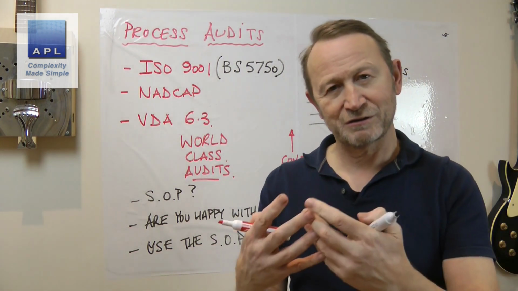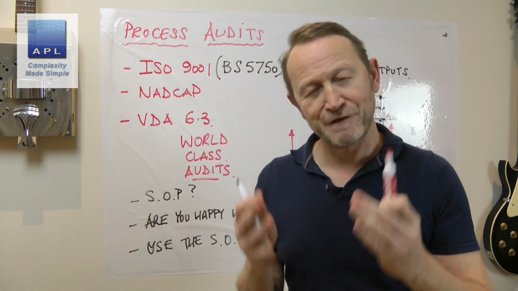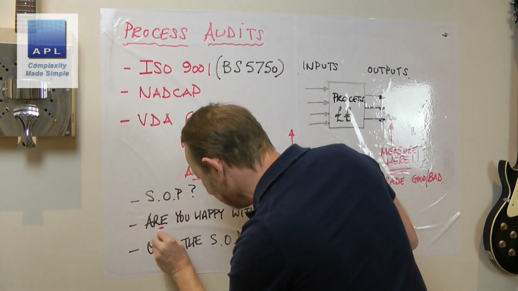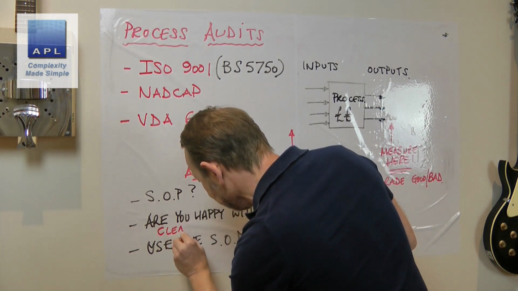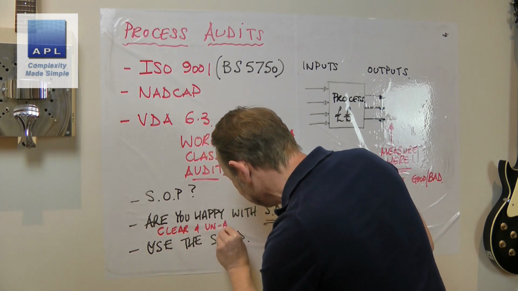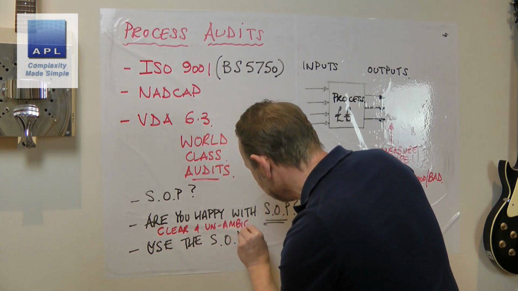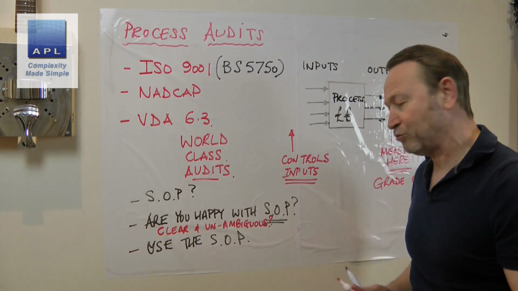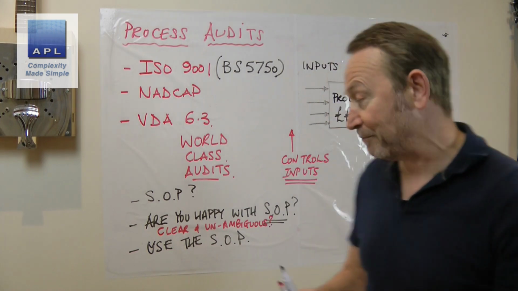In other words, does it do something? Does it physically control the input properly? And what I basically mean by that is, is it clear and unambiguous? Okay, that's what it should be. It should be clear and unambiguous.